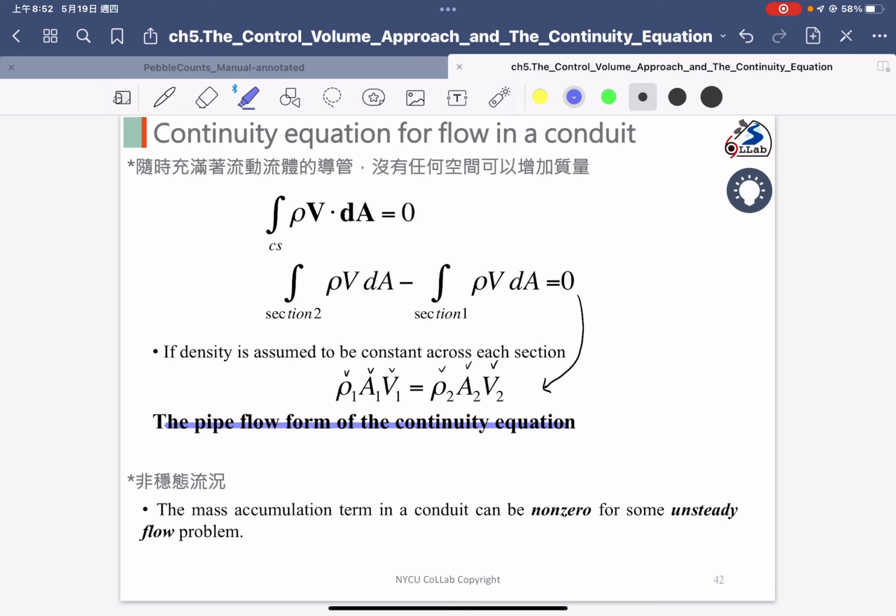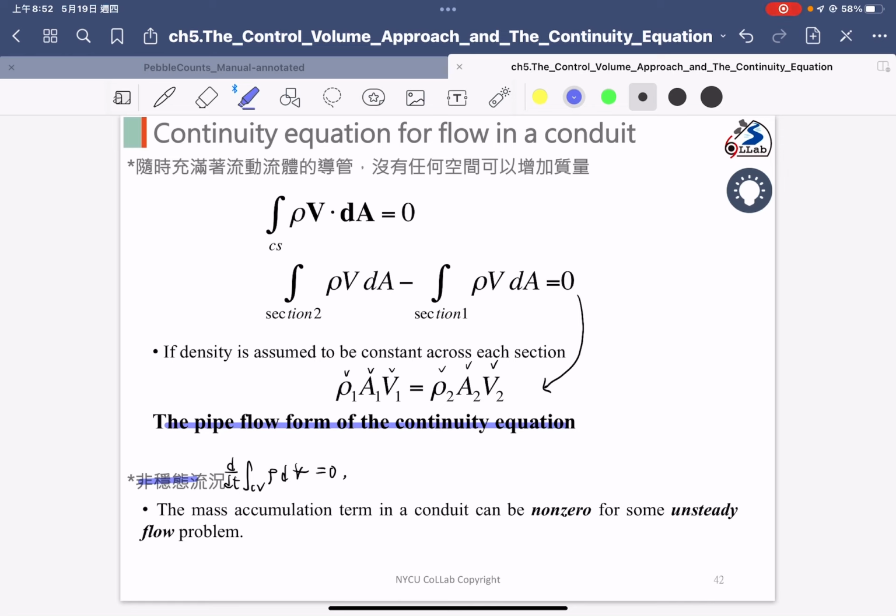But above we assumed the integration along the control volume, the rho dV and dt, is always equal to 0, which is especially for the steady flow. But in the unsteady state flow, you cannot say the mass accumulation is always equal to 0.